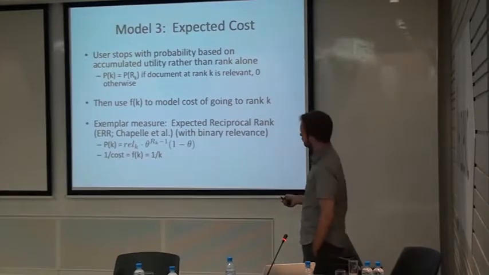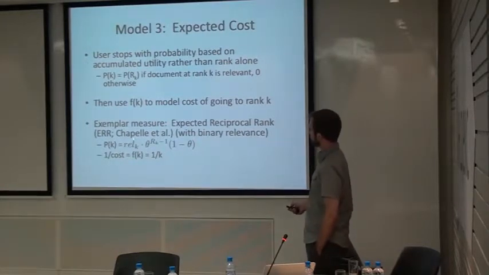So if we take this as our measure formulation, we have a relevance, a gain, times a discount, or relevance times a cumulative density function. What we want to do is turn this into something that looks more like a utility function times a probability distribution, so it's an expectation, and this is not an expectation.